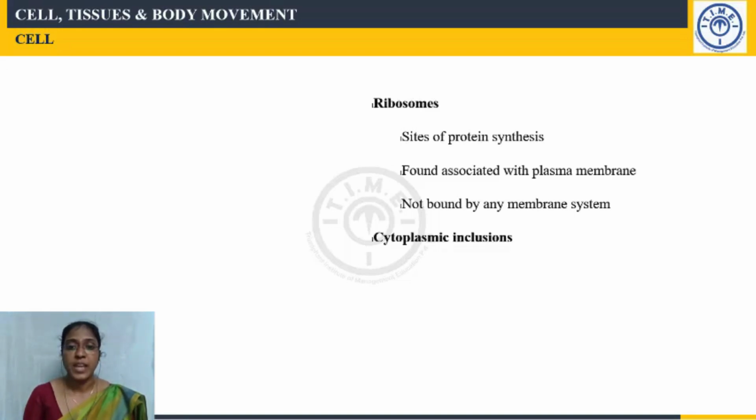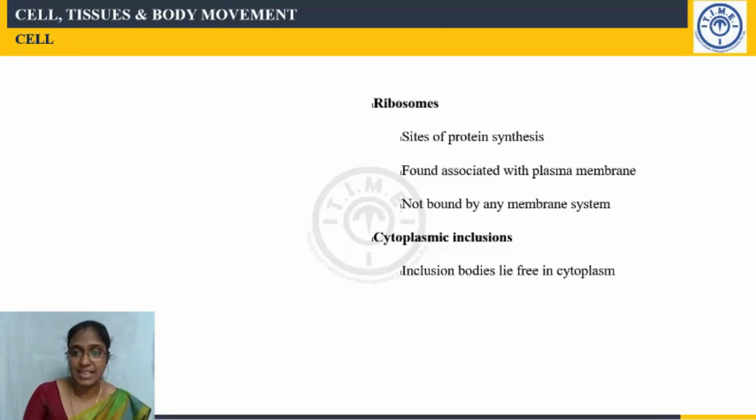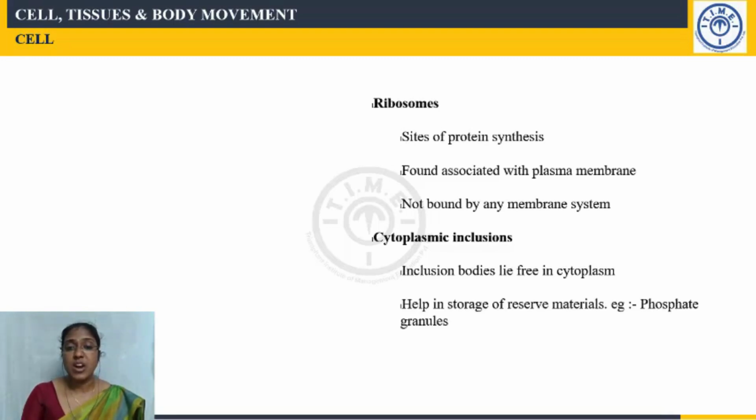The next thing is cytoplasmic inclusions. What are cytoplasmic inclusions? They are inclusion bodies that lie free in the cytoplasm. It is not compulsory that they be present in all prokaryotic organisms; they are present only in particular prokaryotic cells. Then what is the function of cytoplasmic inclusions?